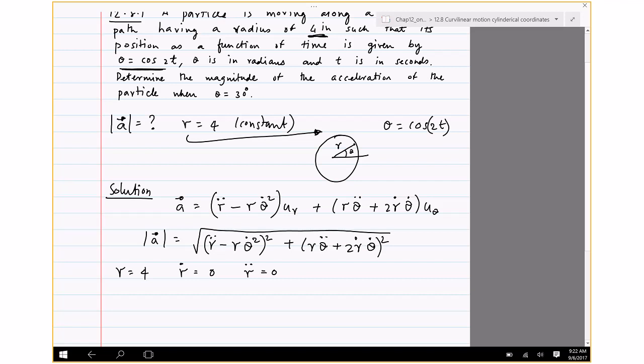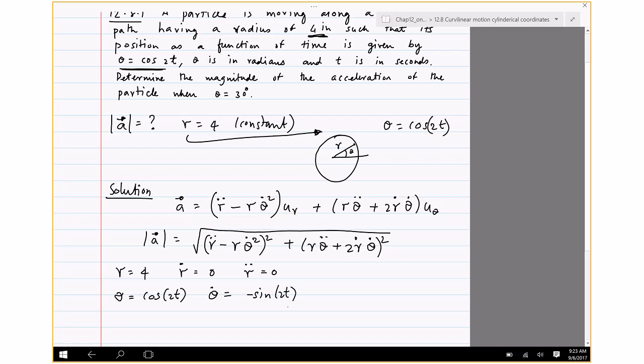Okay, then I need to find theta. Well, theta is given to be cosine 2t. I need to find the first derivative, which is, derivative of cosine is negative sine, so negative sine 2t.